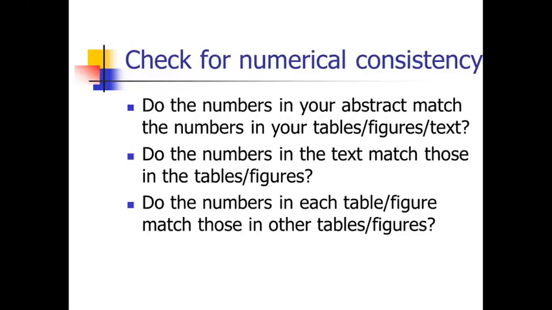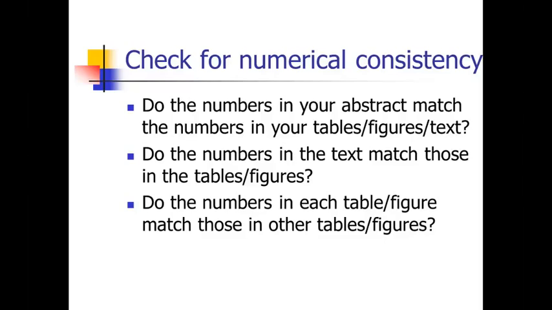Even more importantly, well, I think it's more important because I often focus on the statistics and the numbers in papers, make sure that you check for numerical consistency. So do the numbers in your abstract match the numbers in the rest of the paper? I put that one up first because it's a frequent thing that I see in papers I'm reviewing, or even in papers that are actually published in the literature, that for some reason the abstract numbers don't end up matching the rest of the paper.